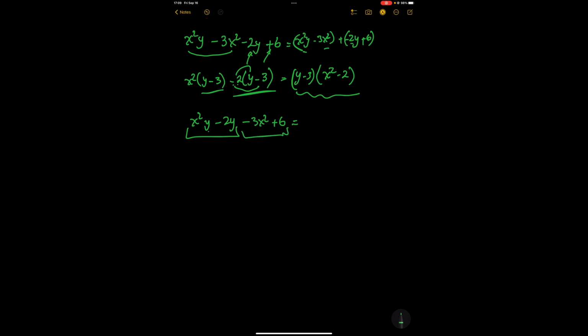In that one we have y in common, so that'll be y (x squared - 2), minus 3 in common, and that will be (x squared - 2). We have x squared - 2 on both sides, so that will be (x squared - 2) times (y - 3). And that's your answer.